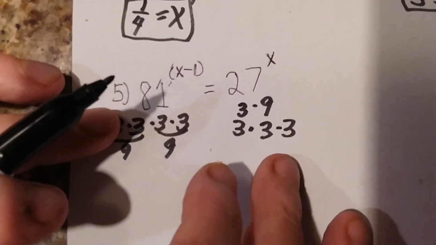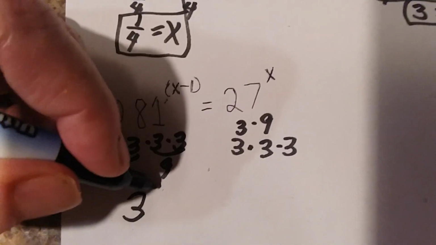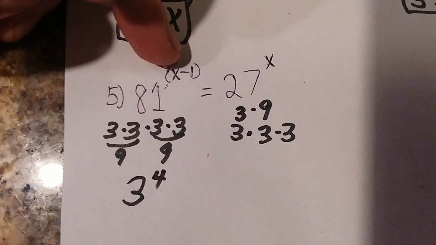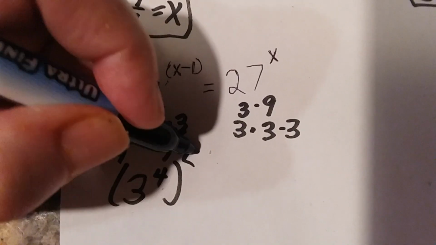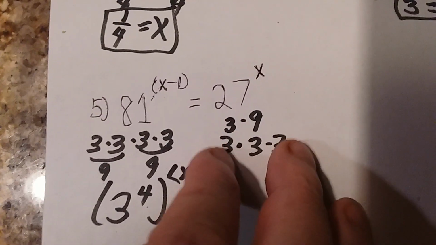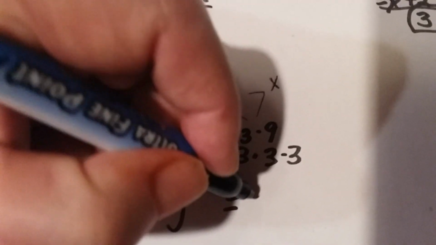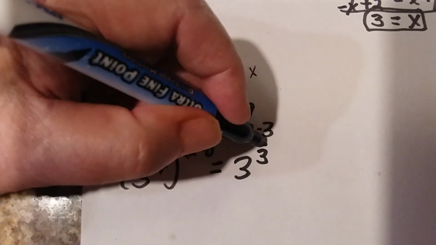So we're going to write those numbers using an exponent. 4 3's would be 3 to the 4th power, and then you have this exponent. We're going to bring that down. x minus 1. Okay, the other side, you have 3 3's, so that's 3 to the 3rd, and you have x.